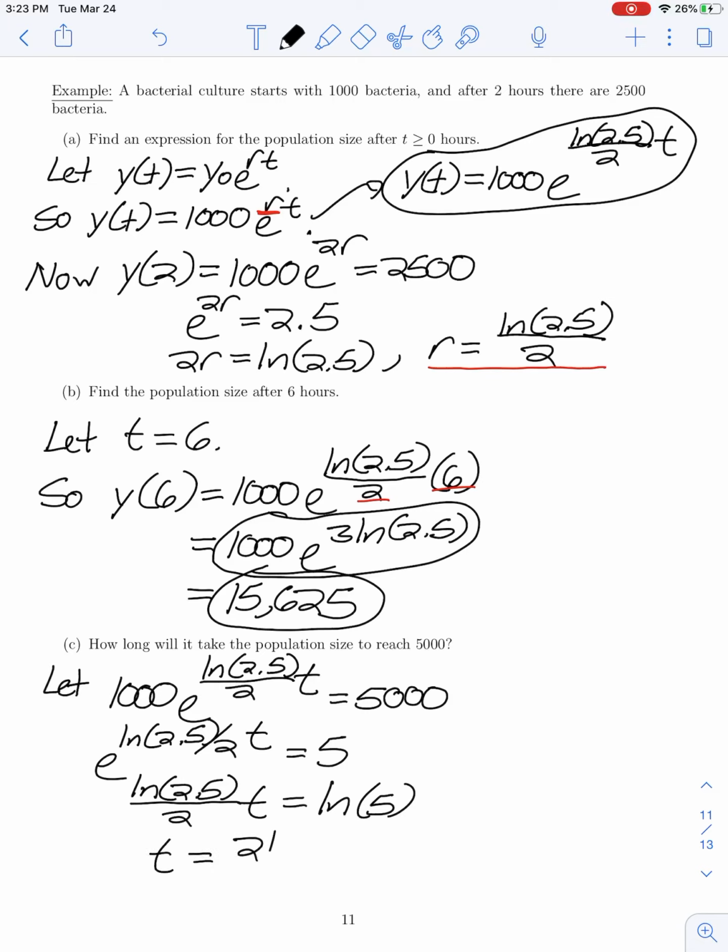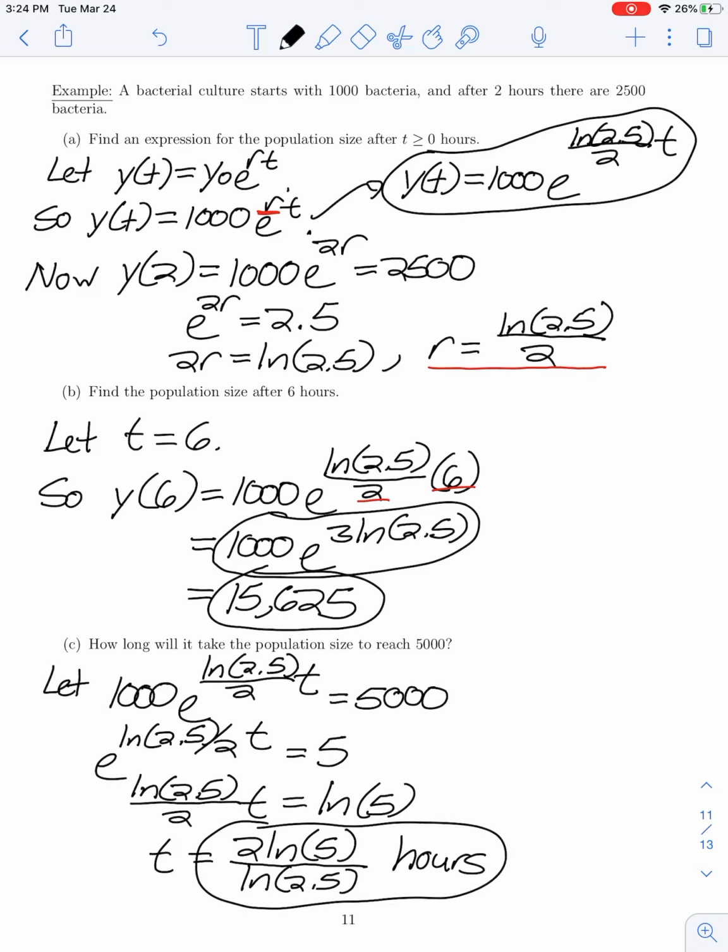And so solving for t, we would first multiply both sides through by 2. So we have 2 natural log of 5, and then we're dividing by the natural log of 2.5, where time is being measured in hours.